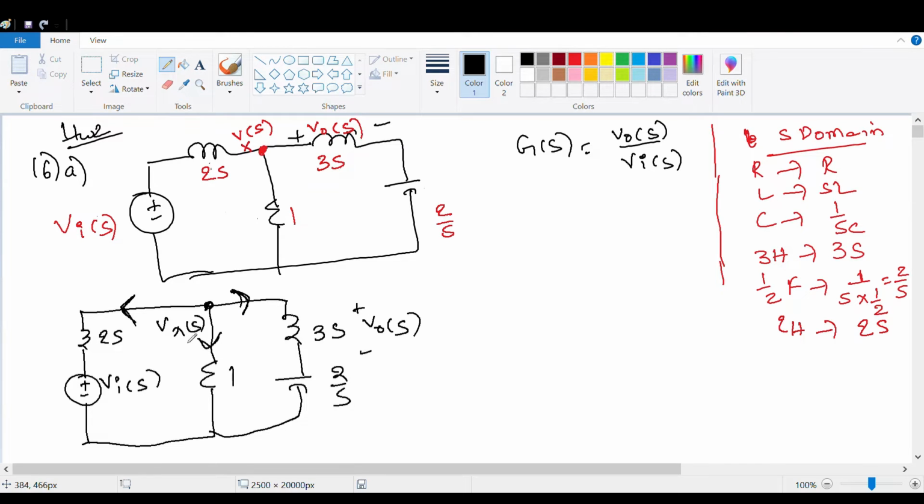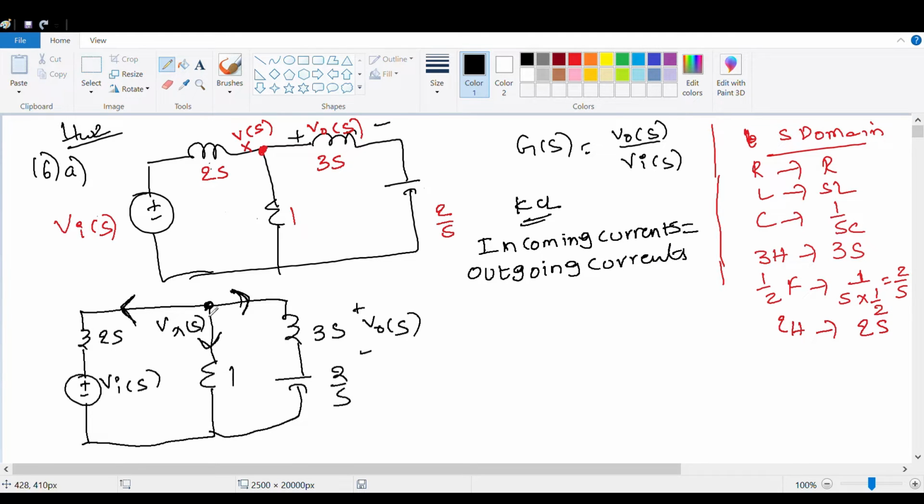So now we know the KCL. Incoming currents equal outgoing currents.